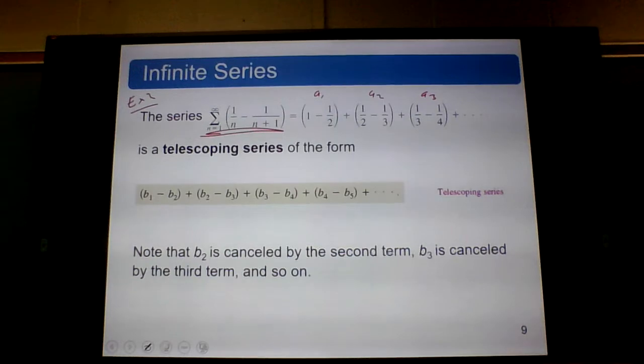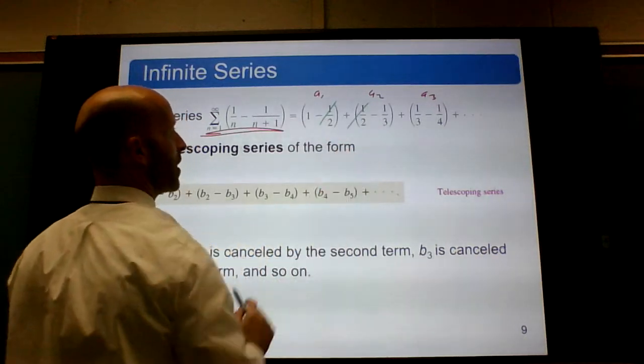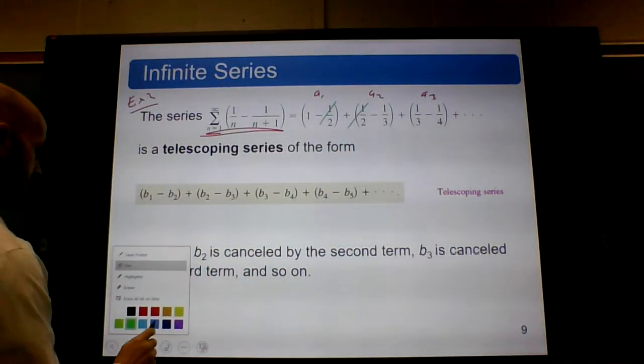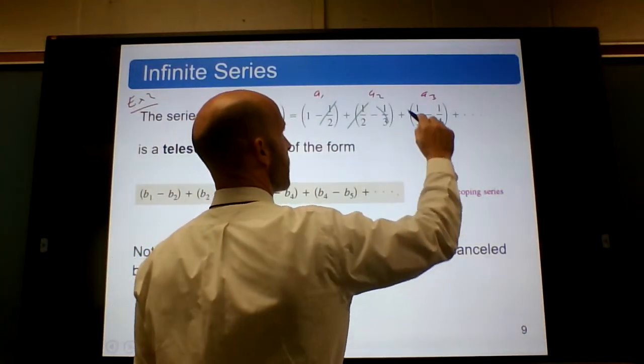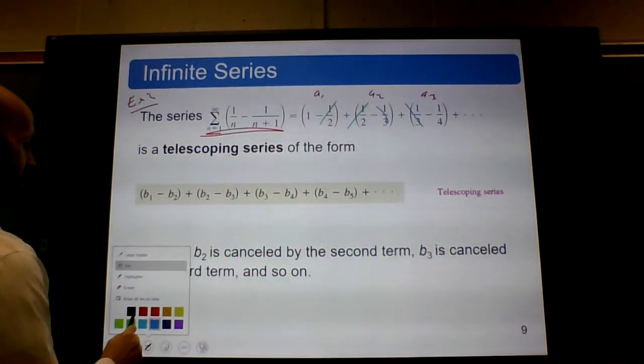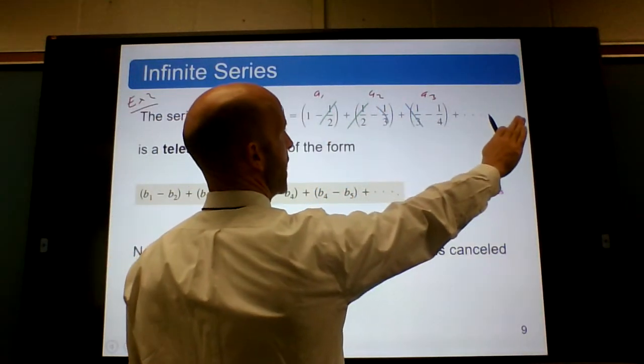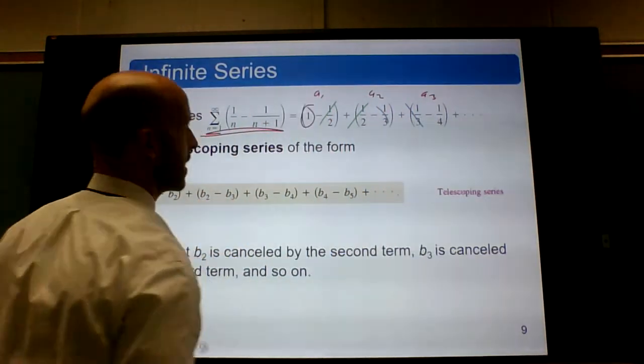Now here's the interesting thing about this, and this is why I'm coming back to it. Notice that this minus a half and that plus a half would cancel. Notice that this minus a third and this plus a third would cancel. In fact, once you run down this list of numbers, everything is going to cancel, and the only thing we're going to be left with is 1.